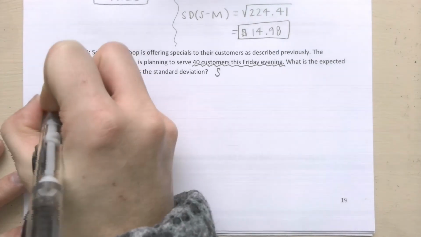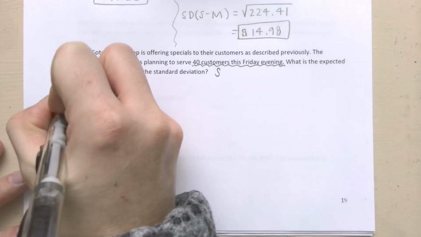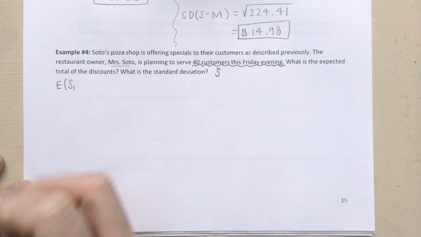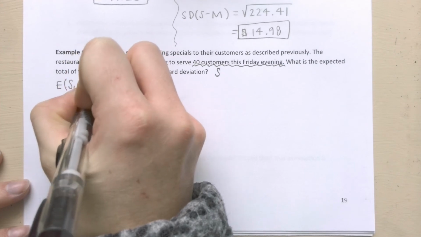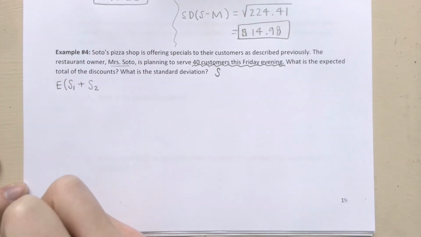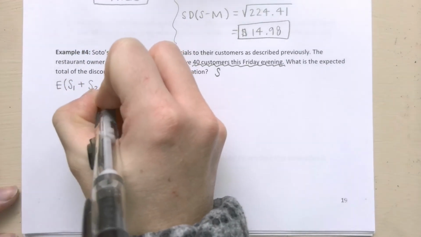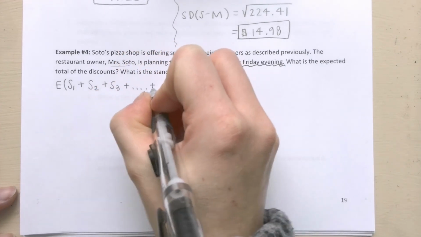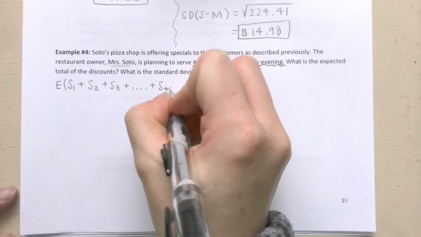So to find the expected value, we're going to look at one customer, S1, plus another customer, S2, plus a third customer, S3, and we're going to do this on and on until I get to 40 customers.